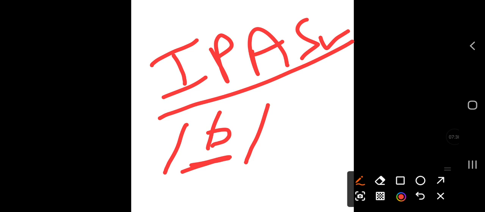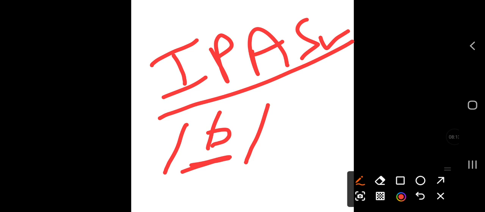I'm repeating: the representation of IPA symbols is always done through slanting bars. Number 2, inside the bar we must use small letters, and no cursive writing or letters are allowed inside the bar. These are the rules for IPA symbols.